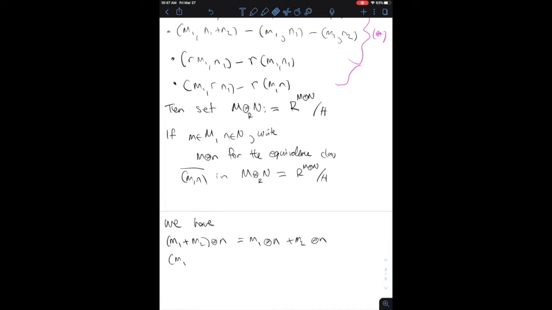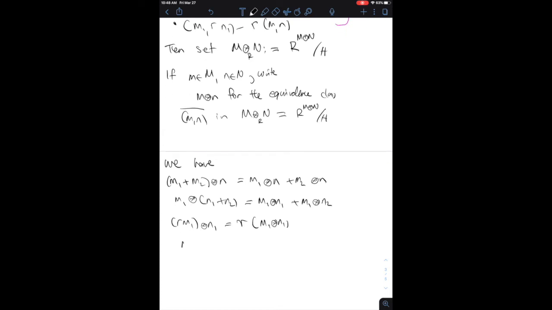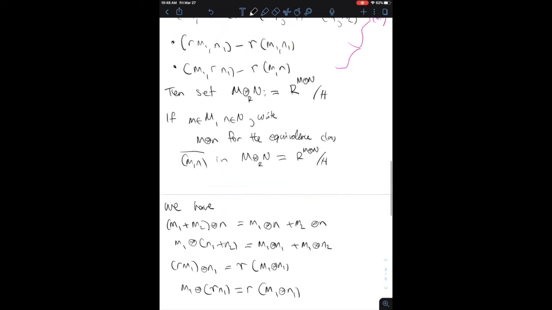We have m1 tensor (n1 plus n2) equals m1 tensor n1 plus m1 tensor n2. We have (r m1) tensor n1 equals r times (m1 tensor n1). And lastly, we have m1 tensor (r n1) equals r times (m1 tensor n1).